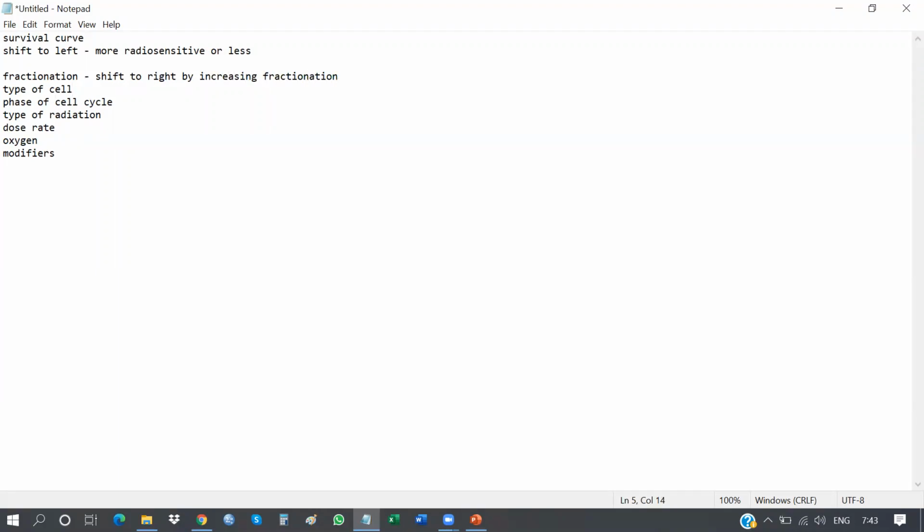Type of cell. In type of cell, the cell which is more radiosensitive, will its survival curve be towards the left or right? Left. Very good. Higher the sensitivity, shift to left. Phase of cell cycle.